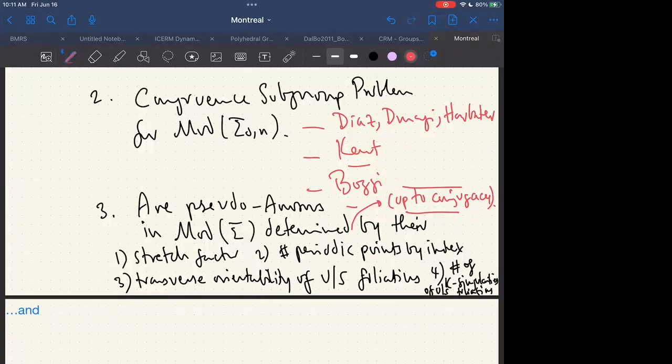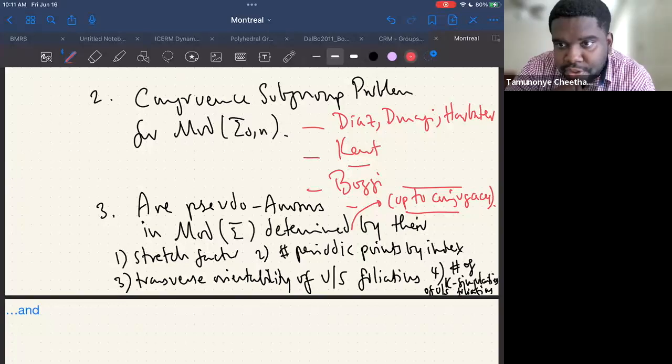And is that something where, if I give you a train track map, that can be summarized in a finite amount of data? Like pseudo-Anosovs, can I compute some, I don't know, probably some L function or something that I can check whether these things are the same or different? I do not know.